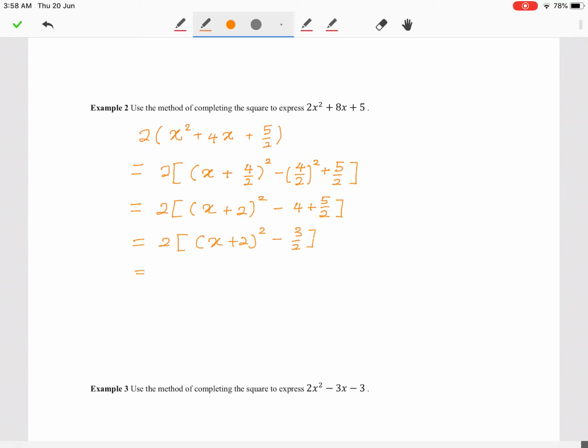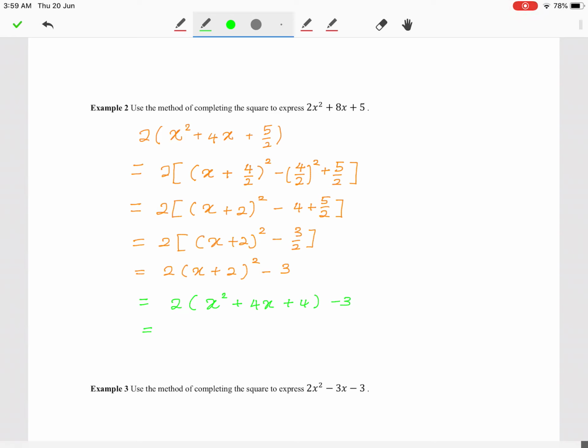So you can expand back. You have 2 bracket x plus 2 squared minus 3, because now 2 into 3 over 2, the 2 will cancel off, you have minus 3. Again, if you don't feel really confident on that, you can re-expand just to check whether you get back to the original expression. So if you do that, you're going to have 2 bracket x squared plus 4x plus 4 minus 3.